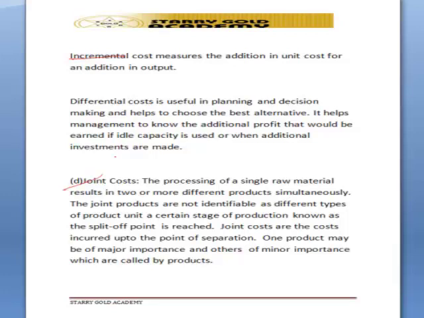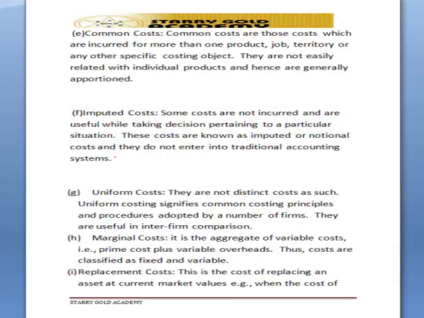Joint cost can be apportioned to different products only by adopting a suitable basis of apportionment. When we come to joint and byproducts, we will look at how we allocate that. Next, there is what we call a common cost.